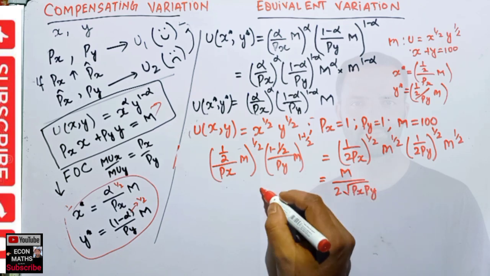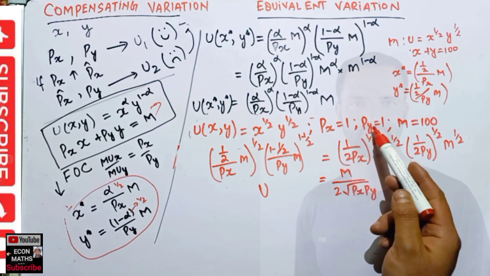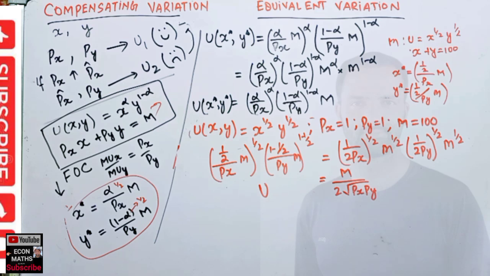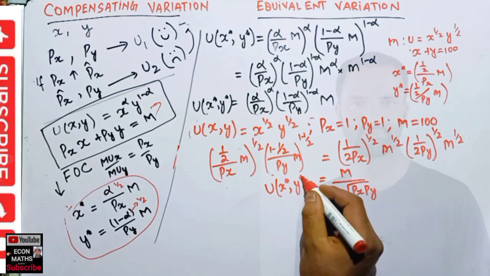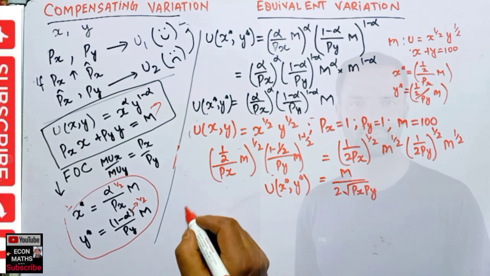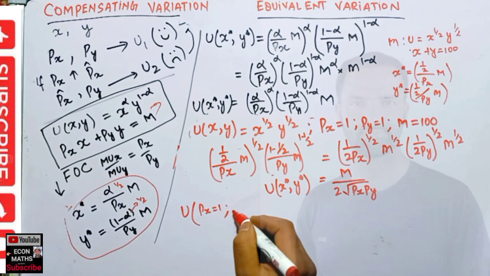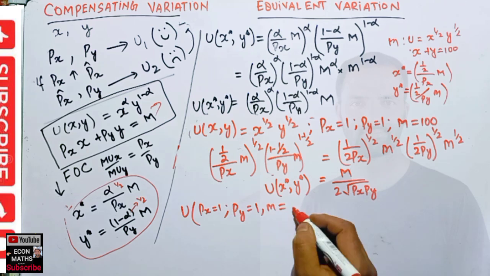So the utility that the consumer is getting when the price of x is 1, price of y is 1, and income of the consumer is 100. How much utility does the consumer get? Let us try to figure it out here. So this is the utility level when we got the optimal values of x and y. Now what is the utility when price of x is 1, price of y is 1, and income of the consumer is $100?